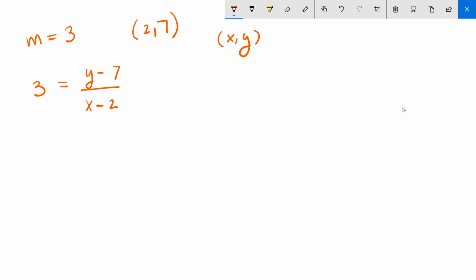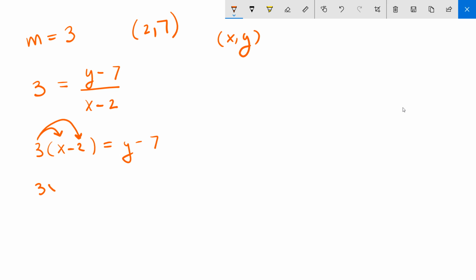That is already the equation of a line. I just need to write it in a different way where y is by itself. So again, I'm going to move the denominator to the other side. So it multiplies with the 3. Already pretty close. We'll distribute the 3.